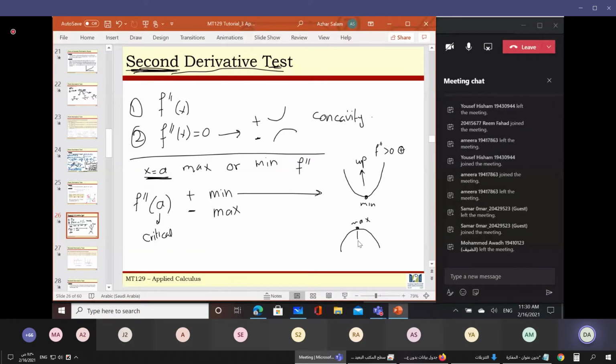The concavity here is down. So I expect that f double dash will be negative. So I use the second derivative to find the minimum and maximum using the concavity. The maximum point is concave down, so the second derivative will be negative, and the minimum will be concave up, so it will be positive.